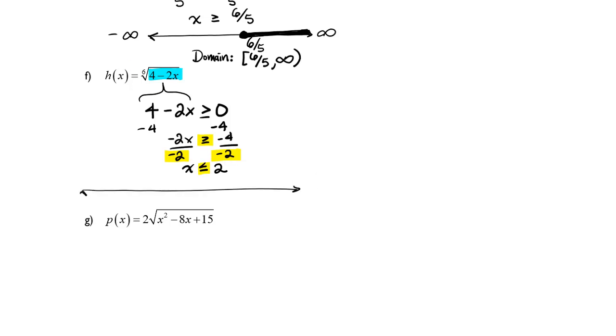Drawing a number line from -infinity to positive infinity, putting a closed dot at 2, and drawing the interval on which the domain exists for h of x. My domain will be from -infinity, so open parenthesis, -infinity, comma, 2, close bracket.